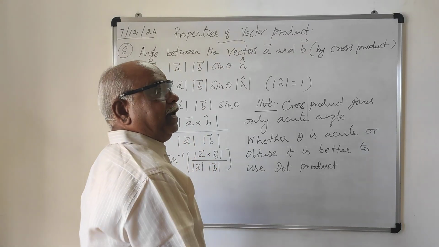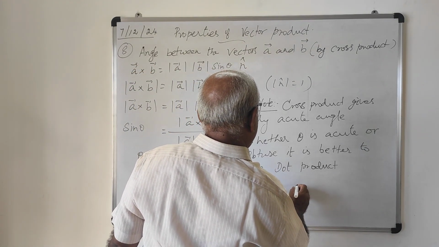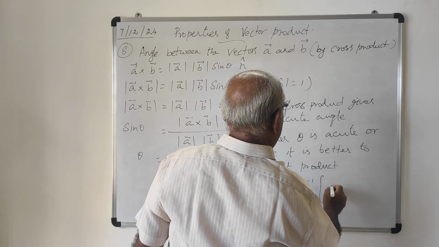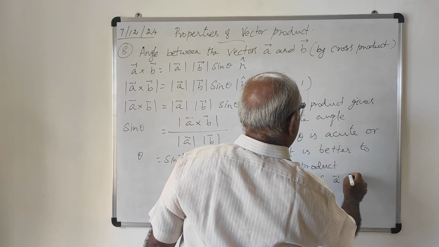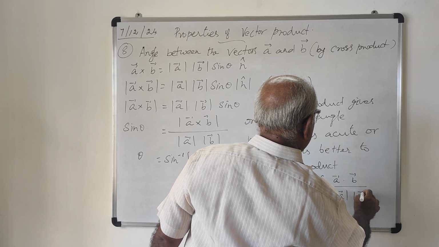Dot product for finding the angle between the vectors. That is, the formula is theta equal to cos inverse of A dot B by mod A into mod B.